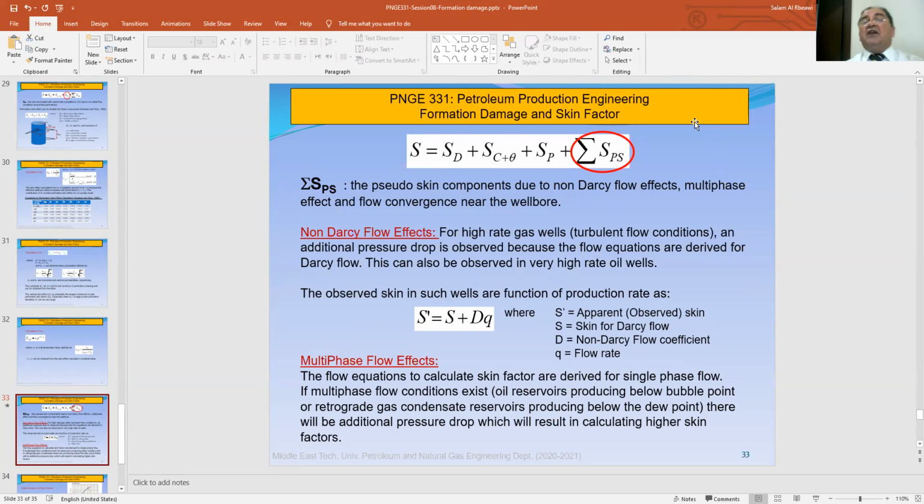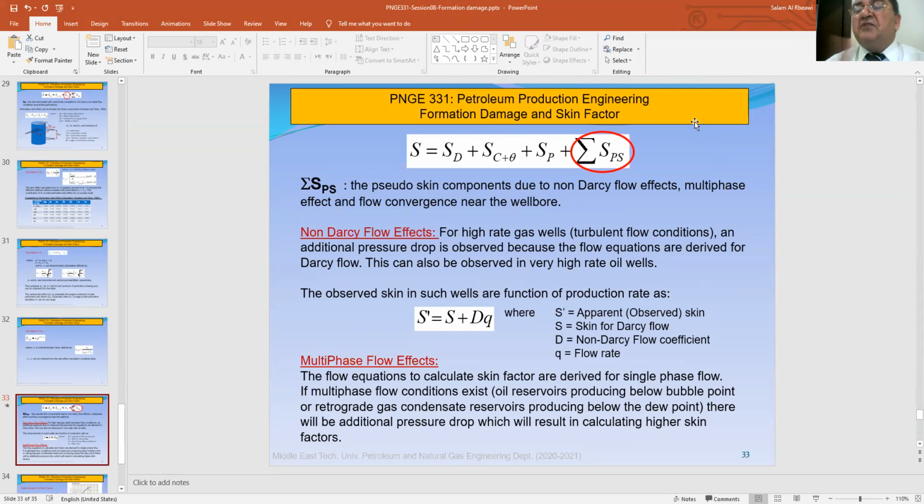Now, for the non-Darcy flow, guys, as I told you at the beginning, for most of the oil reservoirs, we could assume that the flow follows Darcy law. For most of the gas reservoirs, we could assume that the flow follows non-Darcy flow. Okay?